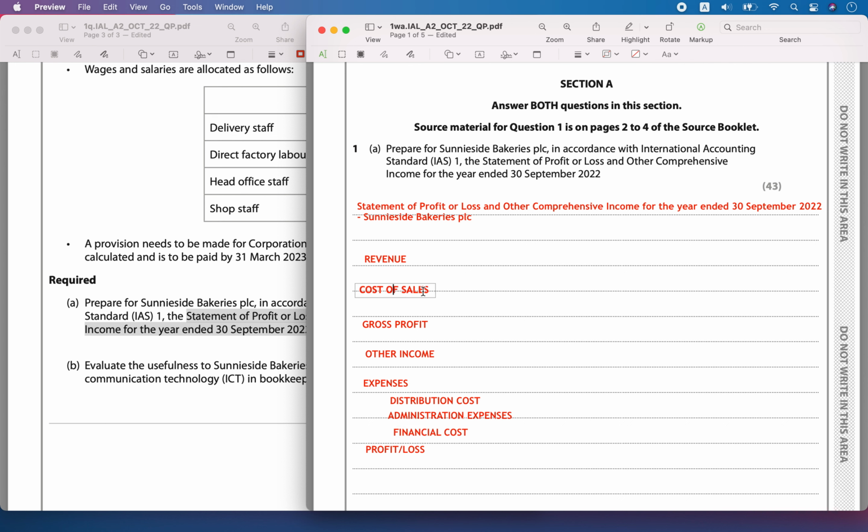And in the cost of sales, anything which is related to factory expense you will have to identify and put.